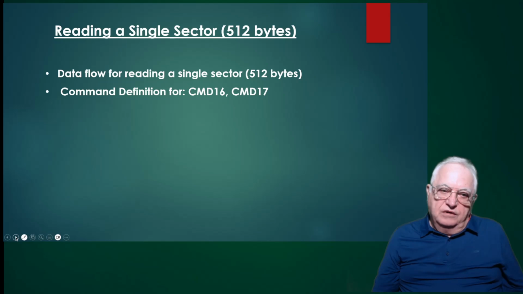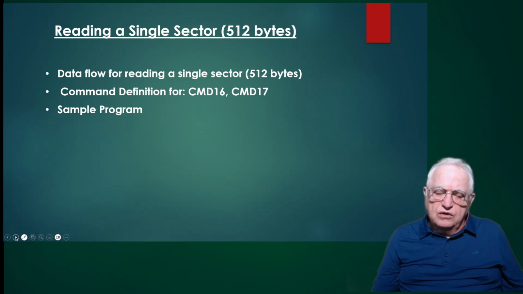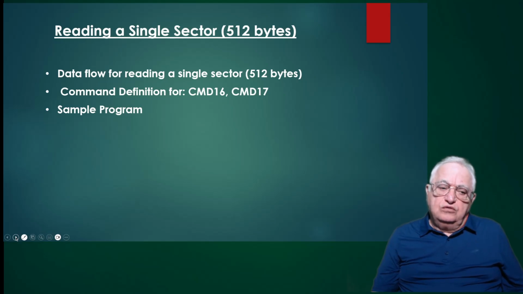Then we'll define those commands as before. In this case, we need two commands: command 16 and 17. 16 is the one that defines the size of the block that we're going to read, and command 17 is actually the command that goes and gets the information. And then we'll go through a sample program to show how to implement this.